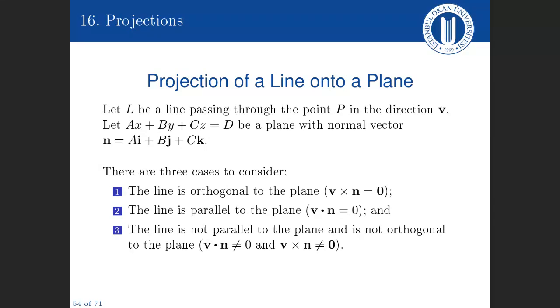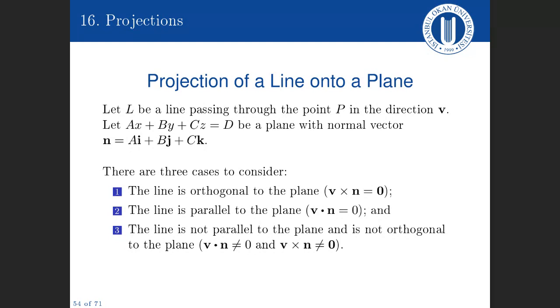The projection of a line onto a plane. Let's suppose we have a line L which passes through a point P in the direction of v. Let's suppose we have a plane with normal vector ai plus bj plus ck. Then there's three cases that we should be considering. Case number 1.